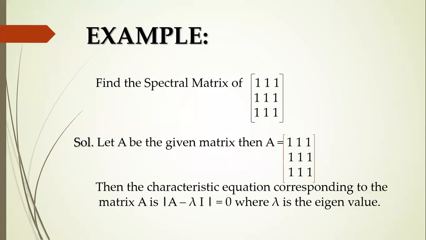Solution: let A be the given matrix, then A is the 3 by 3 matrix of all ones. Then the characteristic equation corresponding to the matrix A is |A minus lambda I| = 0, where lambda is the eigenvalue.